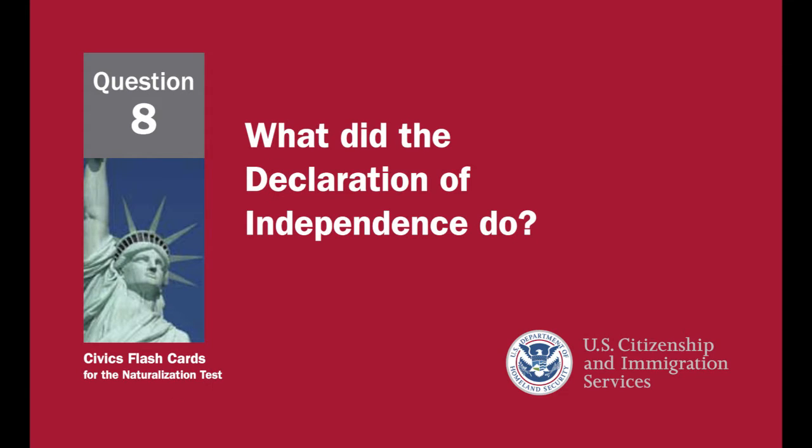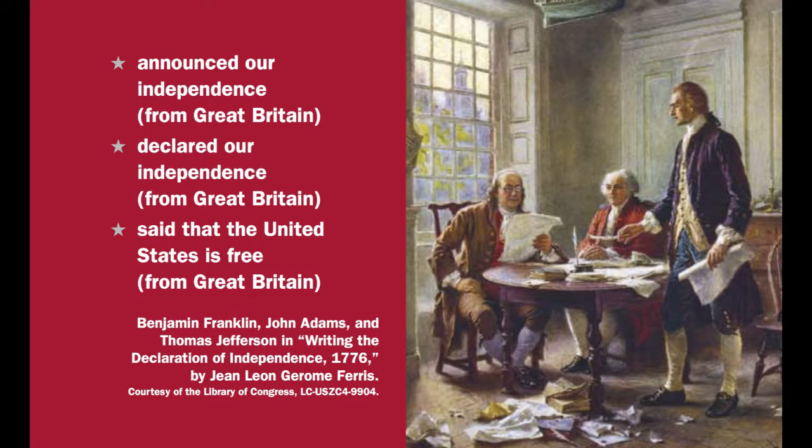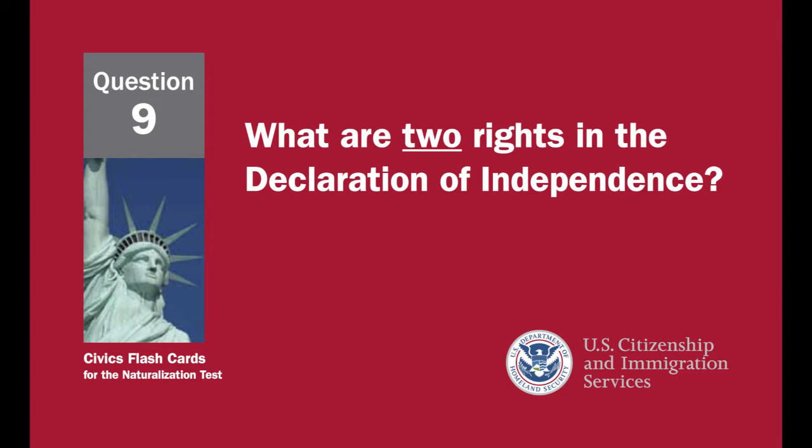What did the Declaration of Independence do? Announced our independence from Great Britain, declared our independence from Great Britain, said that the United States is free from Great Britain. What are two rights in the Declaration of Independence? Life, liberty, pursuit of happiness.